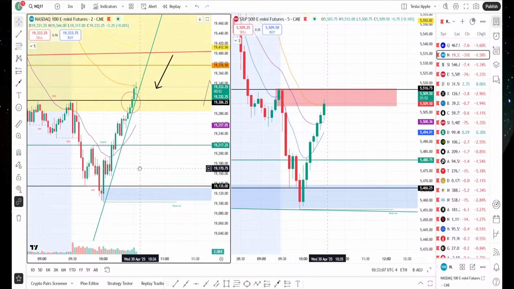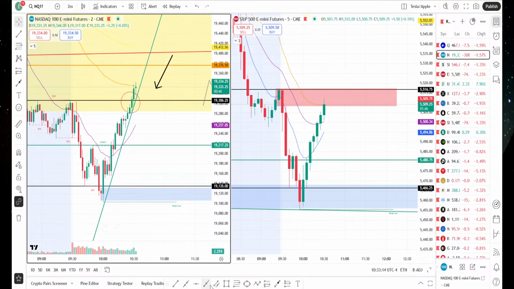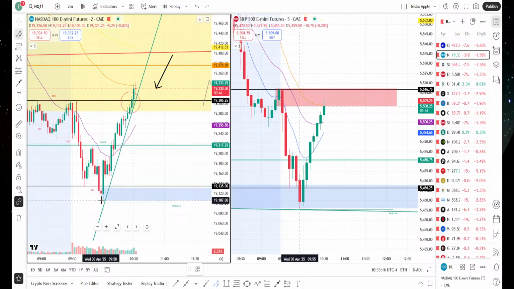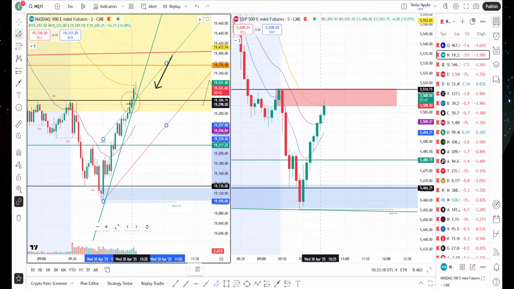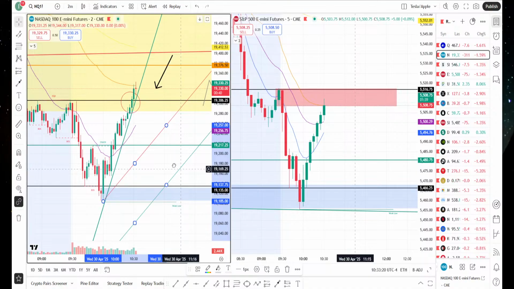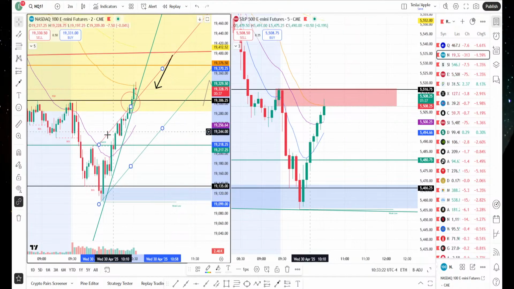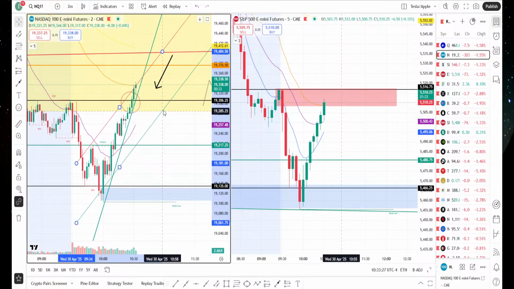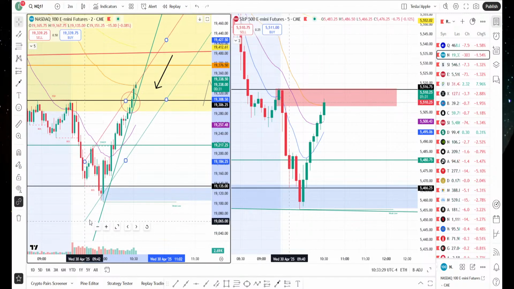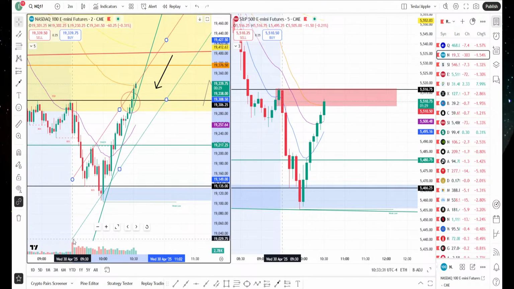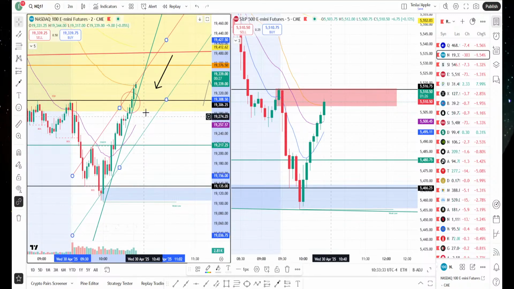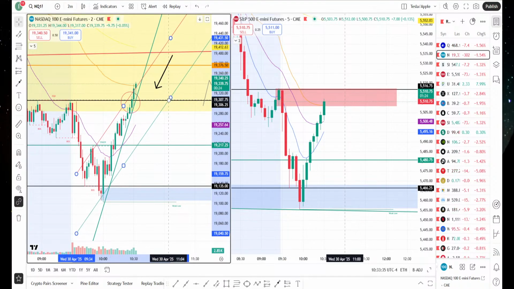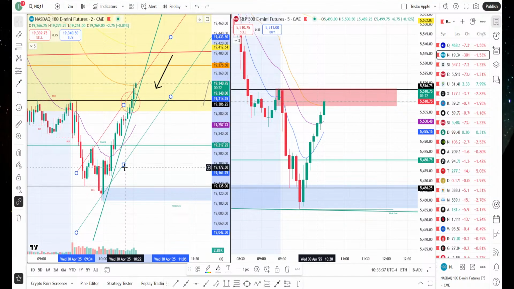Aside from this strong uptrend that we have here, I will be looking for some kind of channel. Can I find a trend that I can follow? If I can follow a trend, then we might be able to make some money.